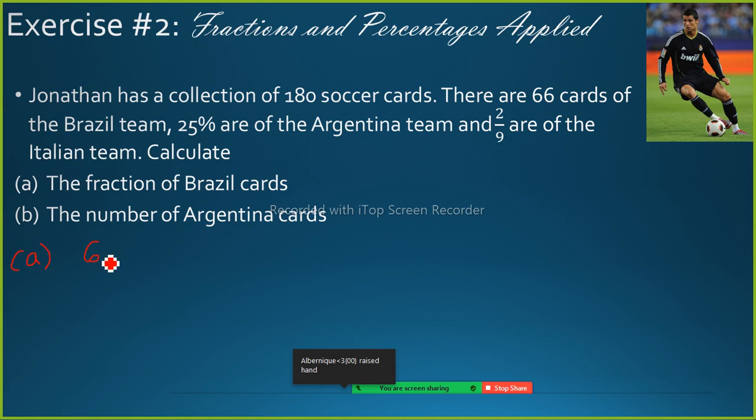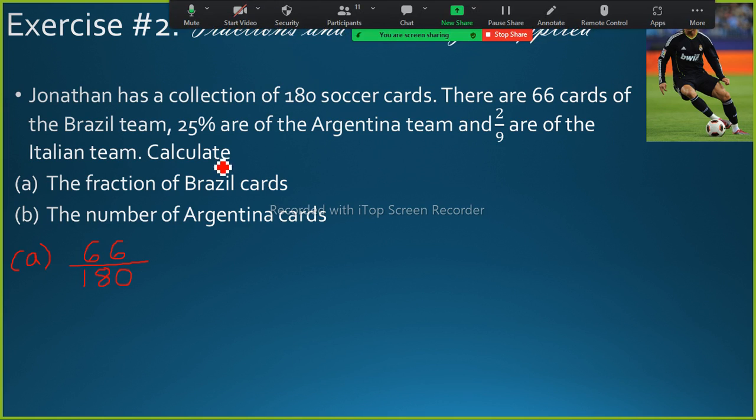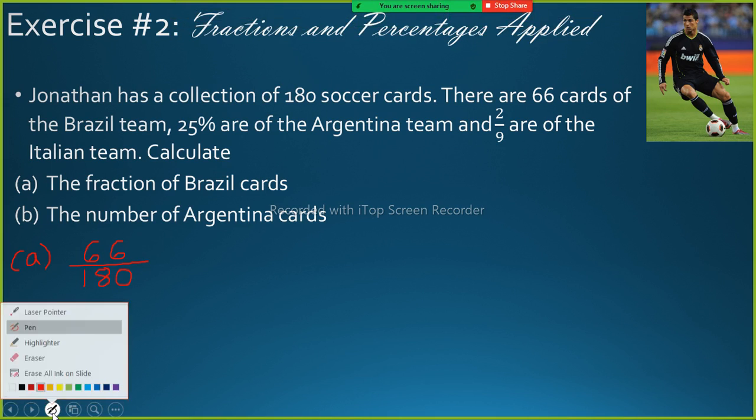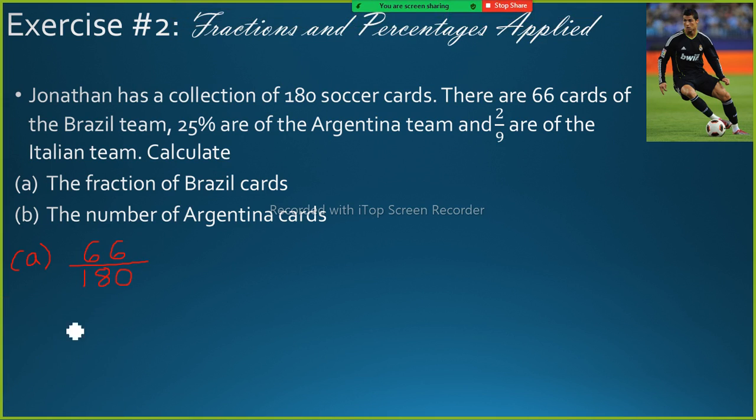Very good. What number can 66 and 180 both go into? 6.